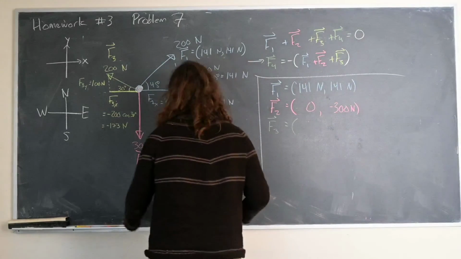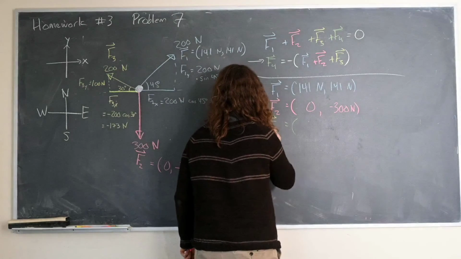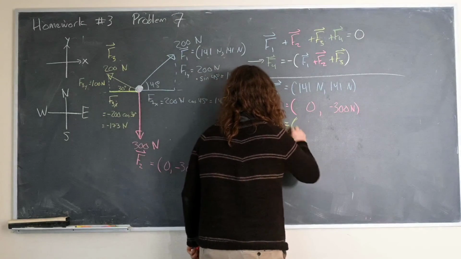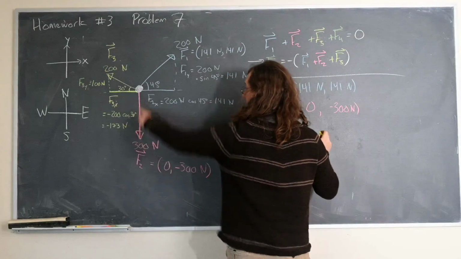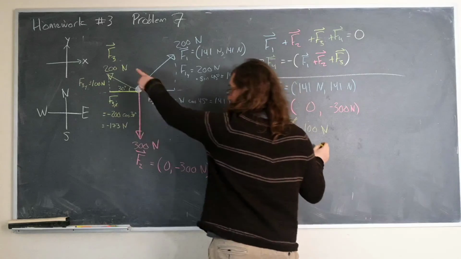F3 is, whoops, that one's supposed to be yellow. So it's negative in both x and y, right? It's pointing to the left.